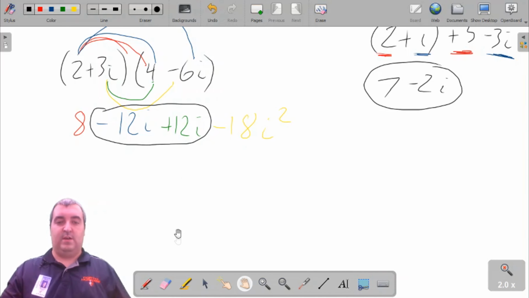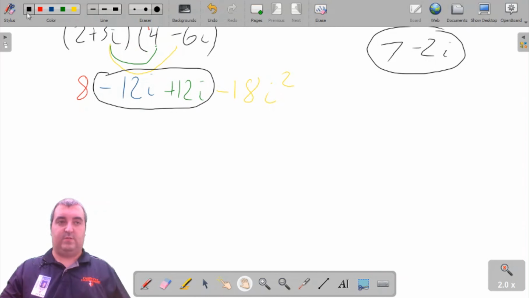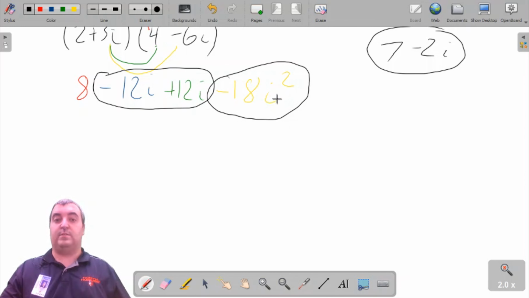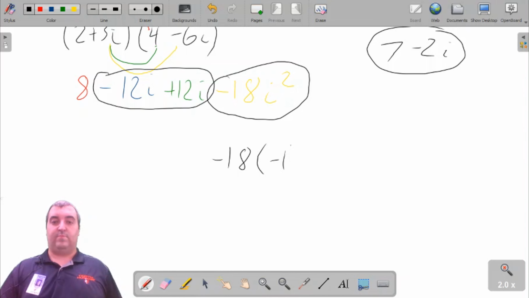I know that might be a little hard to see the yellow there, but that's okay. We're going to do the rest in black. Now the i squared, we can simplify to -1. So that -18 and the i squared, well, the i squared becomes -1 because that's the square root of -1 squared, so the square root and the square cancel.